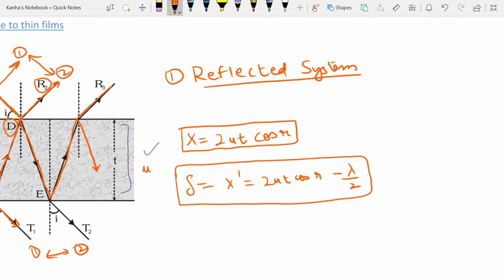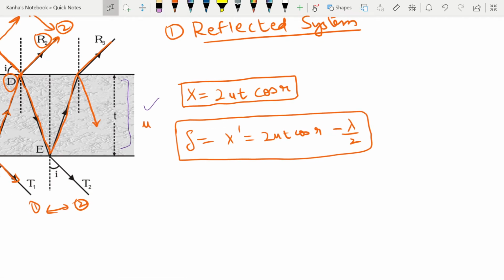Now we know that the maxima or constructive interference occurs when the path difference between the light waves is equal to n lambda. So the condition for maxima was n lambda equal to your path difference. If I just equate these two, I can easily get that 2 mu t cos r is equal to n lambda plus lambda by 2.